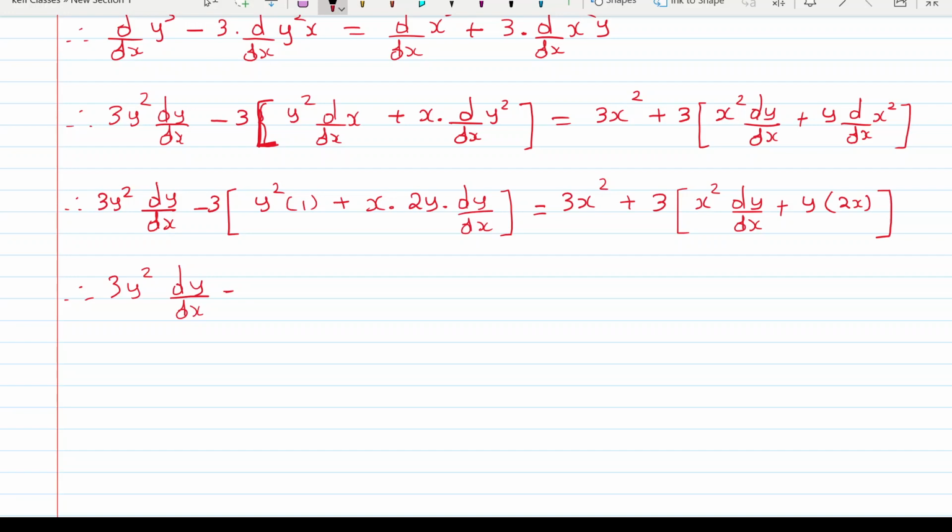So multiply this, minus 3y square, this will become minus 6xy dy by dx is equal to 3x square plus 3x square dy by dx plus 6xy, y into 2x, 2xy into 3 is 6xy, ठीक है.